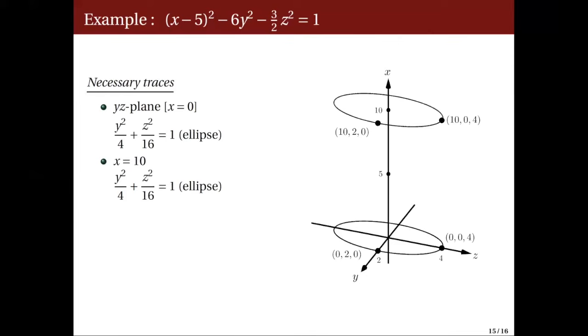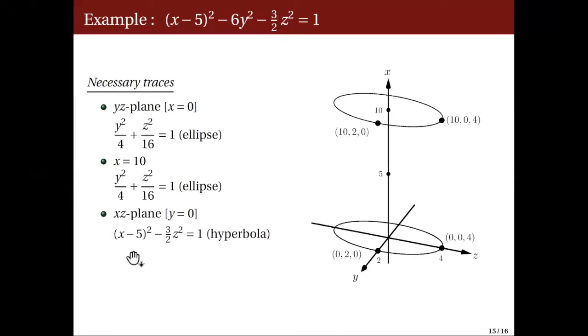Aside from these 2 ellipses, we expect that the other 2 traces are hyperbolas. Let us consider the trace on the xz plane. The xz plane is obtained when y is equal to 0. Setting y to 0 here, we get this equation, which represents a hyperbola. Here we can see that the denominator of (x minus 5) squared is 1.